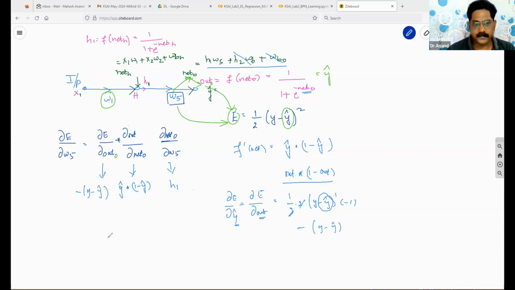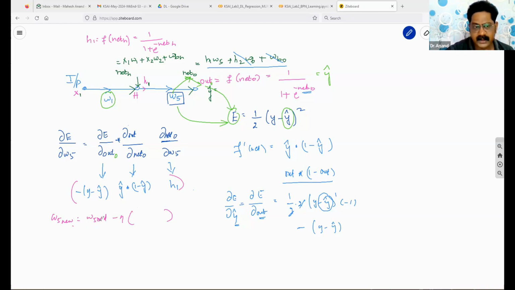So on one side we have computed this, right? Once we have this, what is our rule? The weight adjustment rule tells us that once you have all three components, you take their product. Now W5 new is equivalent to W5 old minus eta, the learning rate, times the whole component substituted here. Very straightforward, and you will get the updated weight.